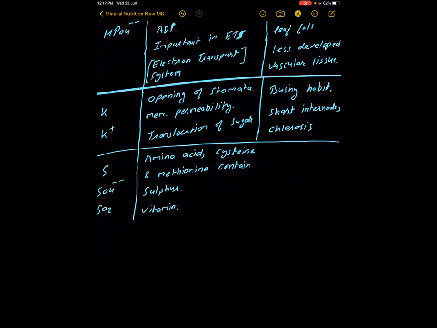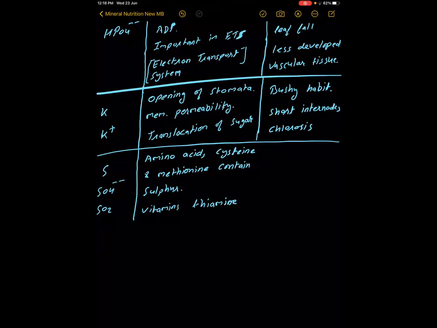Vitamins like thiamine, acetyl coenzyme, also contain sulfur. Coenzyme A, yes, coenzyme A also contains it. But I'm writing here vitamins first.